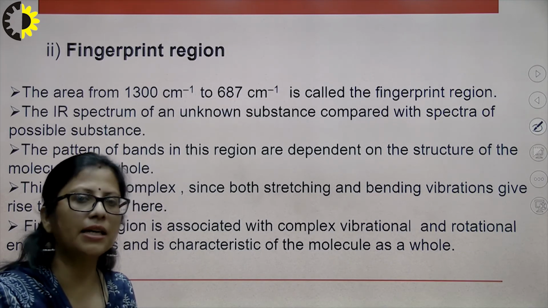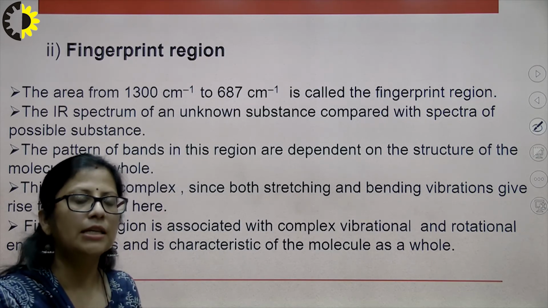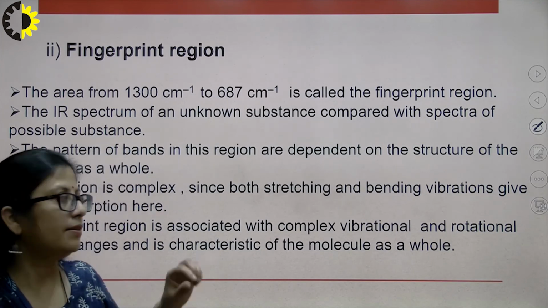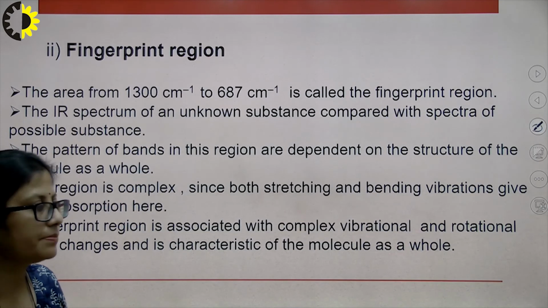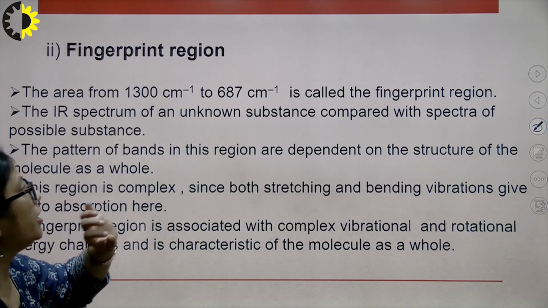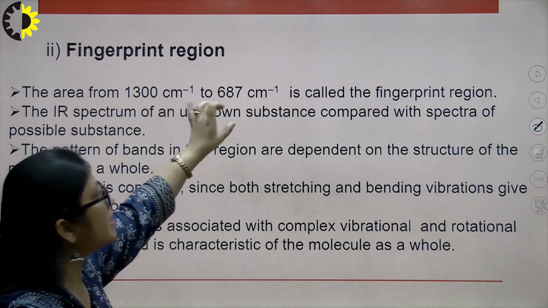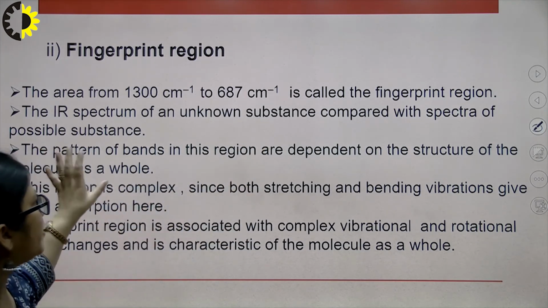And in IR spectroscopy, we also have a fingerprint region. Just like a fingerprint is unique to every individual, this fingerprint region is also unique to every compound. Now, the area of this fingerprint region is from 1300 centimeter inverse to 687 centimeter inverse, and it is called the fingerprint region.